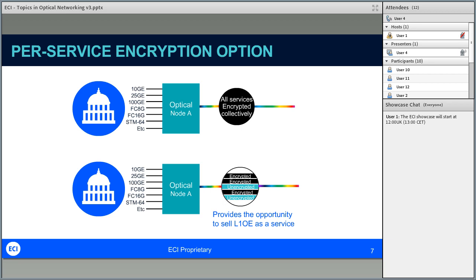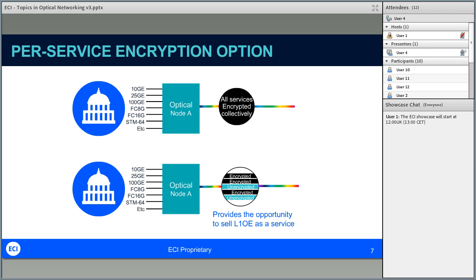And depending on how you're charging back to those customers for the services that they need and are willing to pay for, you can very efficiently decide to encrypt certain traffic and not encrypt other traffic, even though they're all being carried on the same wavelength.